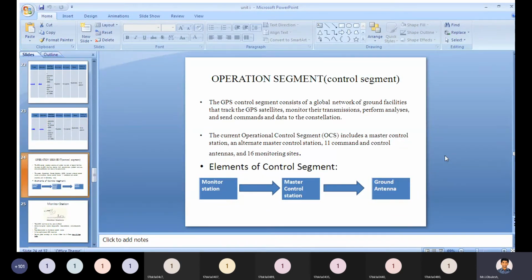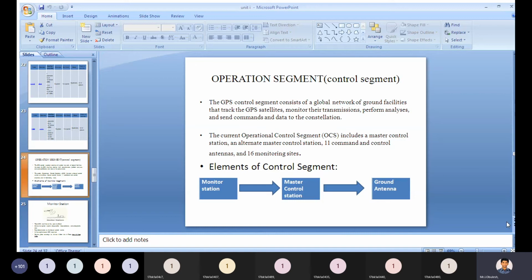In this point, we have four major activities going on in the control segment. First, you need to track the GPS satellite. Next, monitor their transmissions, and perform the performance analysis.